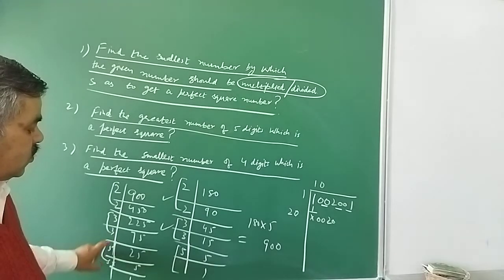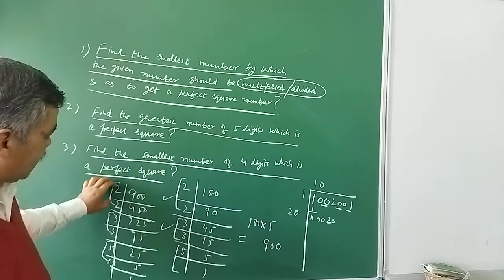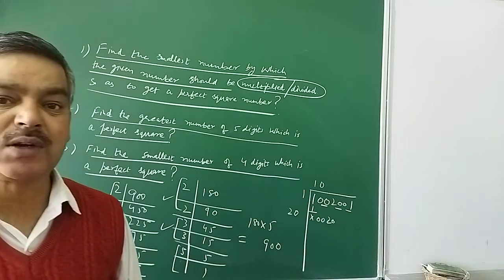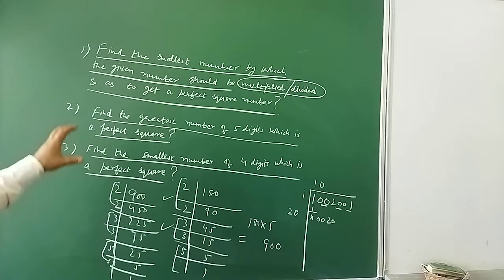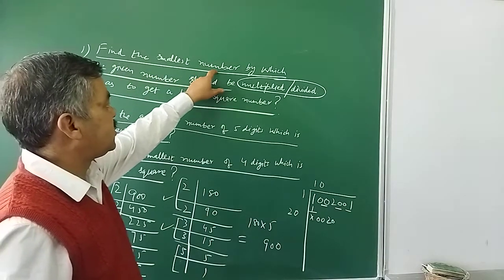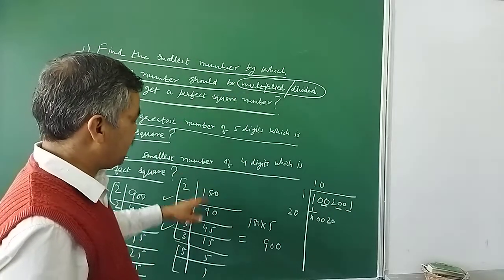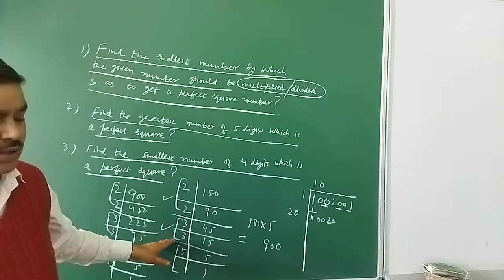Once you get the numbers all in perfect square form, only then can you call that number a perfect square, otherwise not. So this is the way to determine the smallest number by which we should multiply the given number to make it a perfect square. This is going to happen always in such cases.